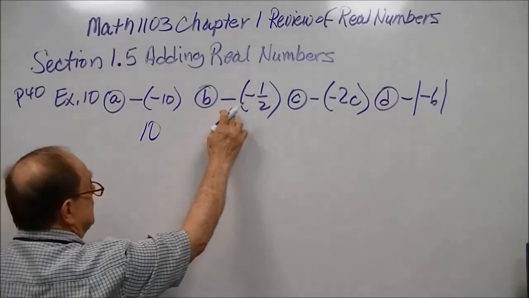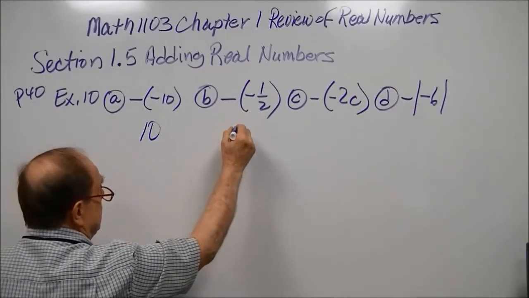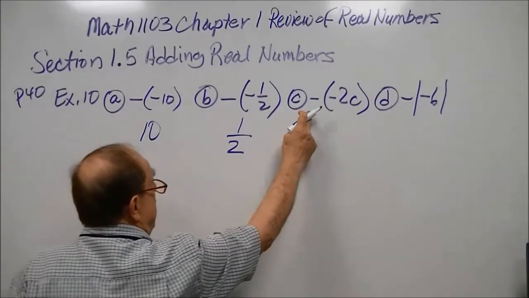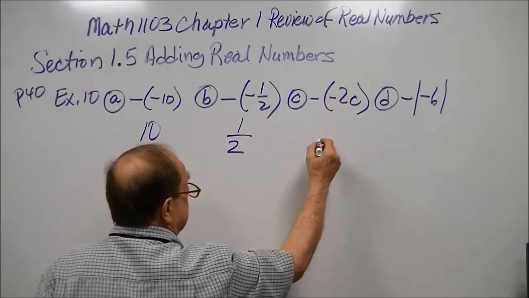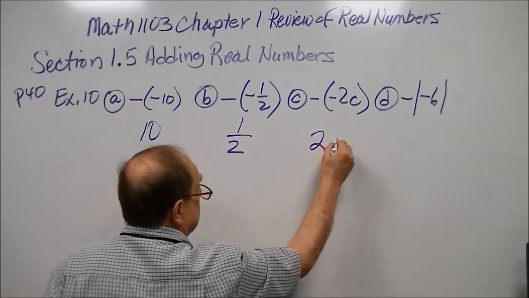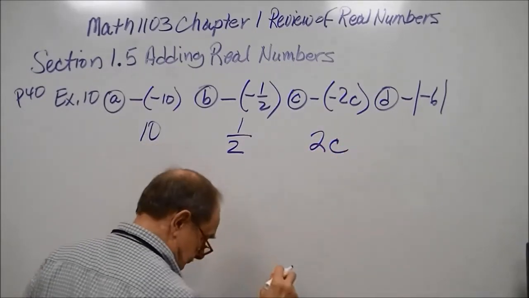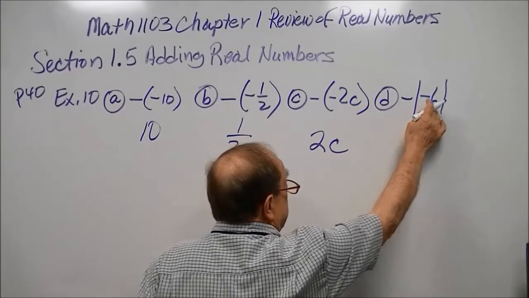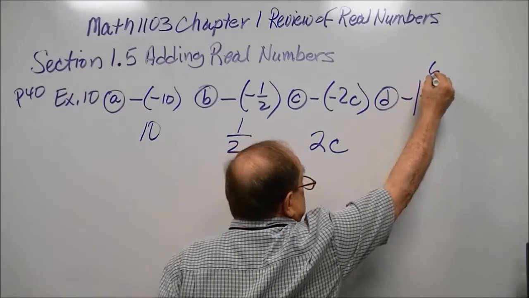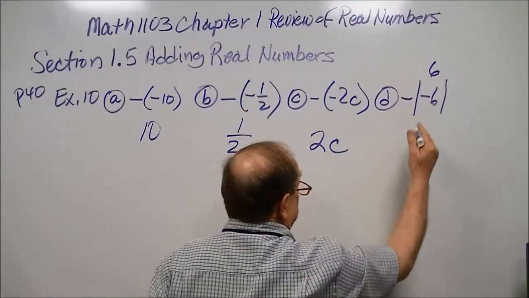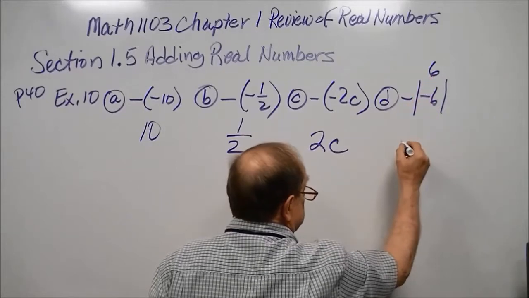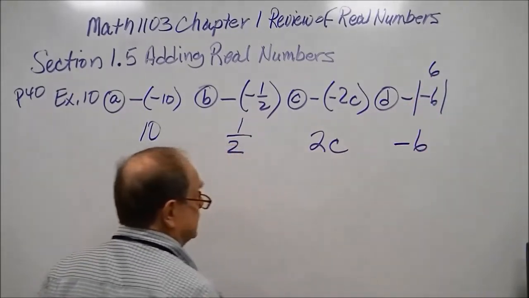The opposite of a negative 1/2 is a positive 1/2. The opposite of a negative 2c is a positive 2c. And this one we did a little bit, it's a little tricky. It comes out as a 6, and then you apply the negative sign. So the opposite of a positive 6 is a negative 6.